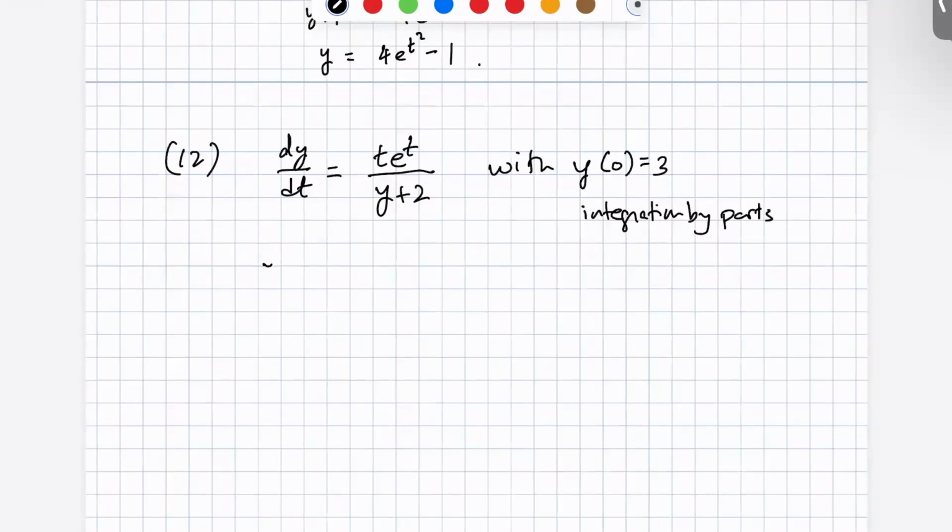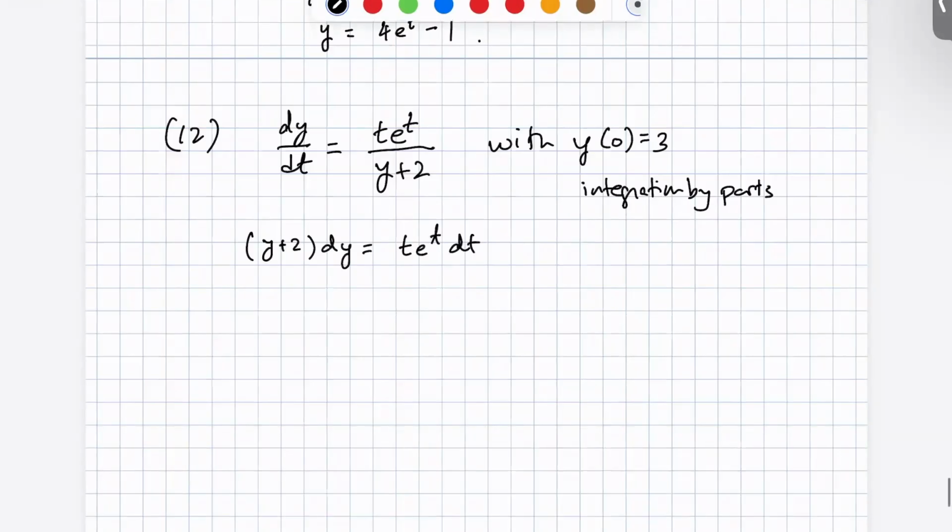Let's separate: y plus 2 dy is equal to t e to the t dt. Now we're going to change y to w and t to s. So I have w plus 2 dw is equal to s e to the s ds.